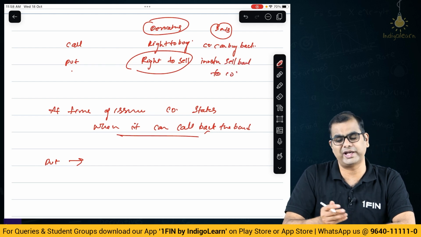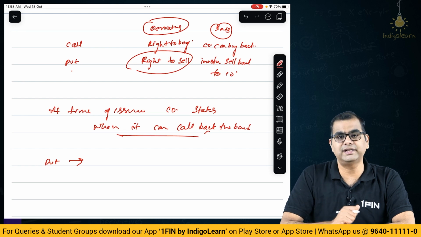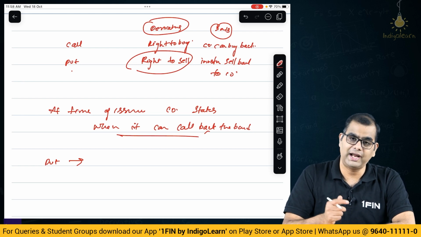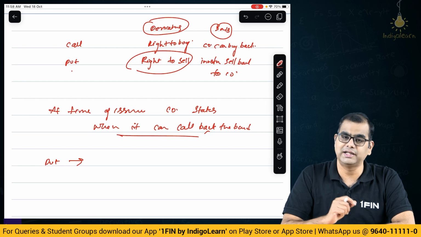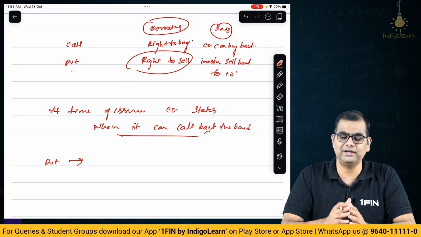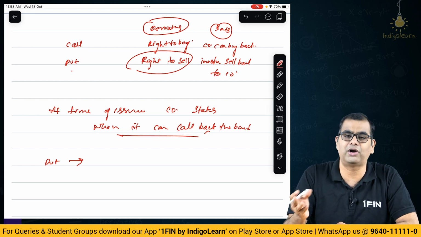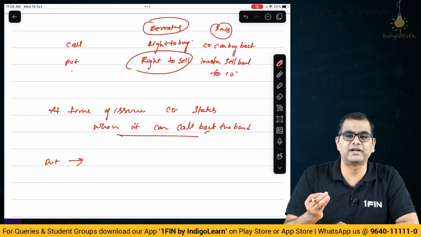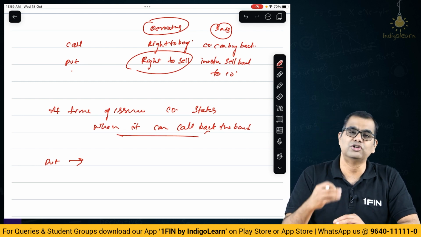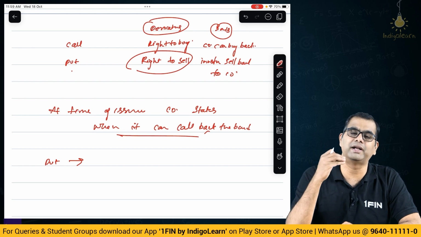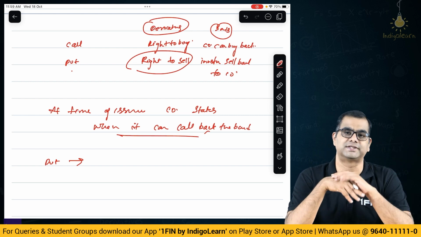When will an investor do this? Exactly the opposite. When market interest rates are much higher and this person has lent money at a much lower rate, this person will say, boss, enough, you take back your bond, give me back my money, because you are paying interest of only 5%, the market interest rate is 11%, so you take back the bond, give me my money, I will lend it to somebody at 11%.